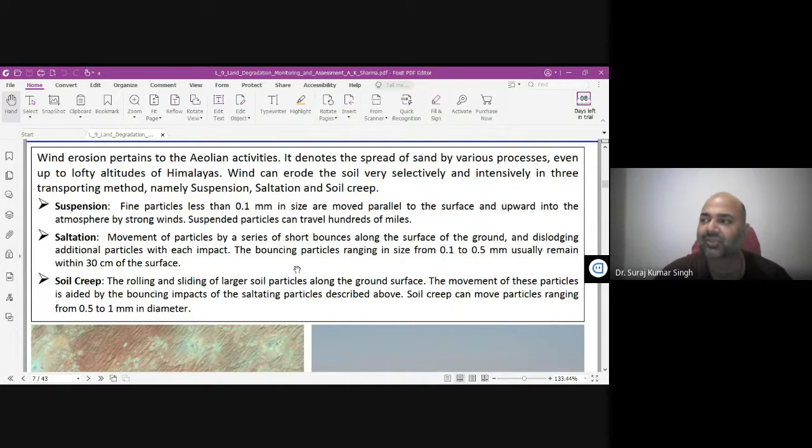This is a regular feature that we see near the campus many times: strong winds carrying dusty material and sand. Such an operation, where fine material is transported upwards towards the sky for thousands of kilometers by strong winds, is known as suspension.